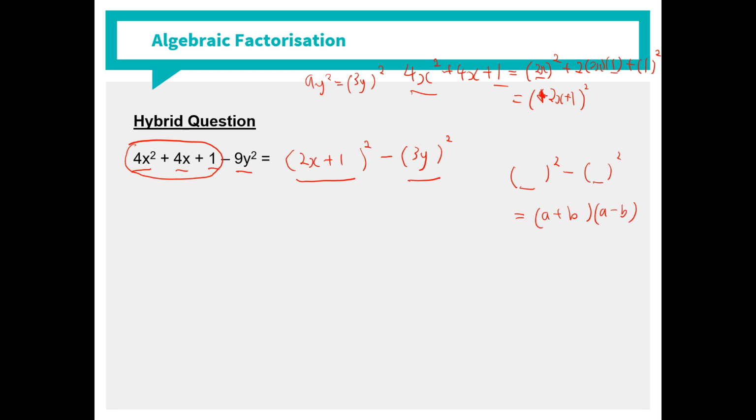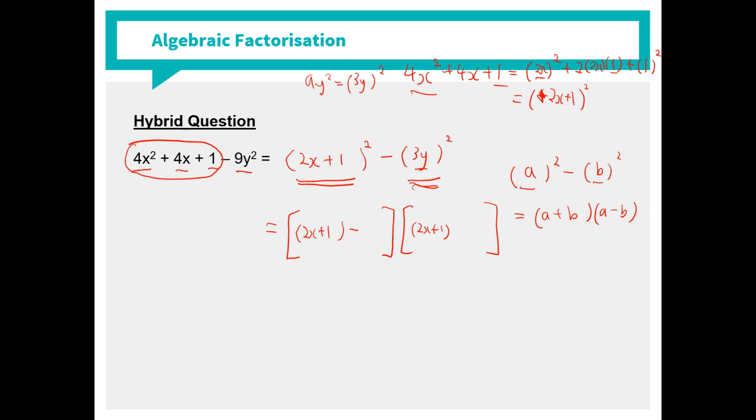So in this case, 2x plus 1 is your a, and 3y is your b.